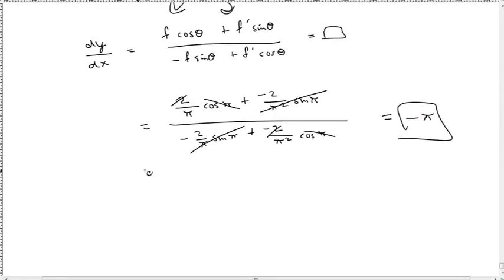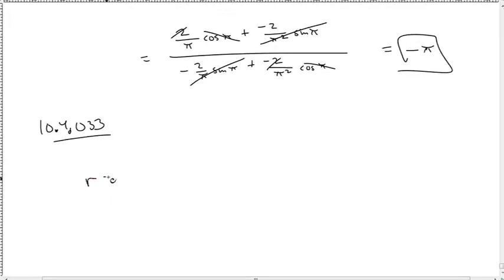Cool. All right. 10.4, problem 33. I've got r equal to 1 plus cosine theta. It says find r theta whenever we have horizontal or vertical tangents. Okay, awesome.